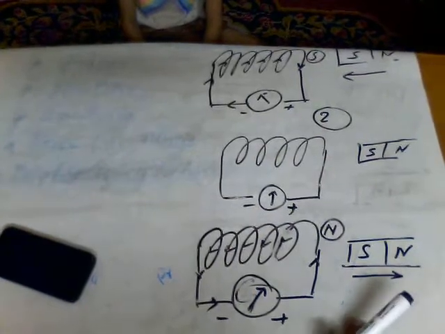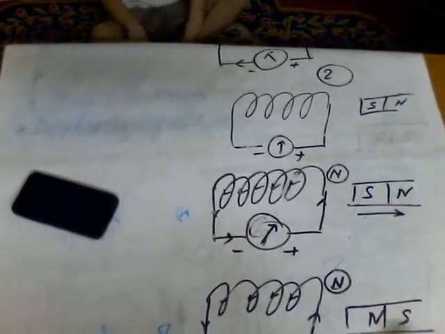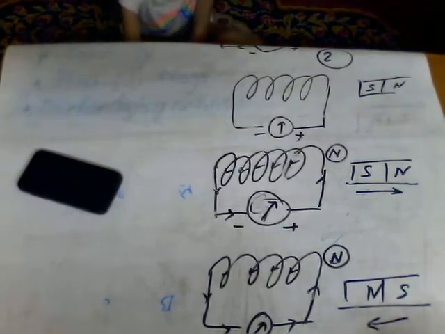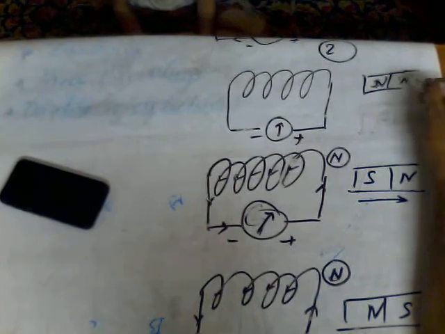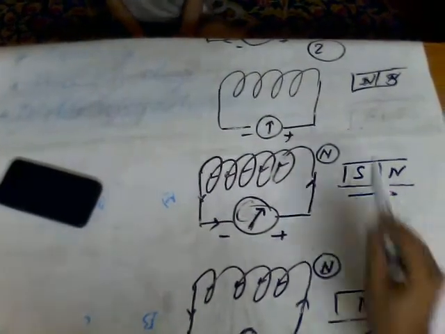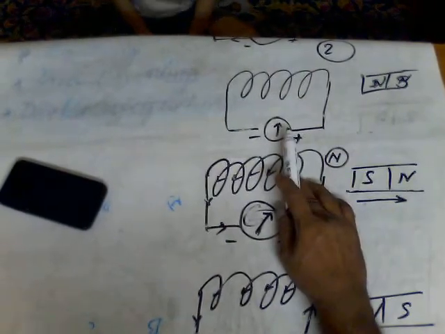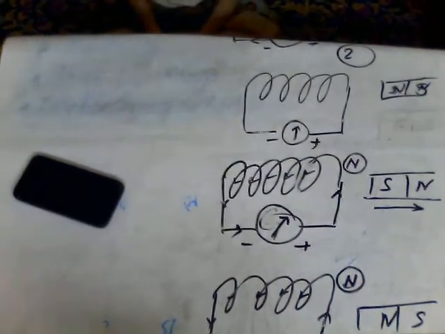Now we will see what happens if we move the north pole. The north pole of the bar magnet is in front of the solenoid. If there is no relative motion between them, no EMF will be produced.